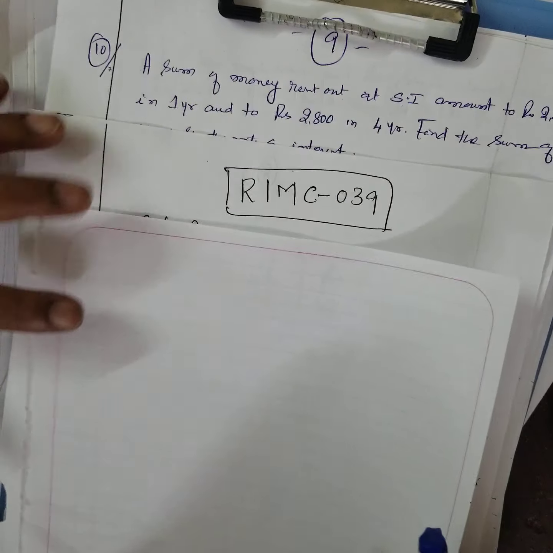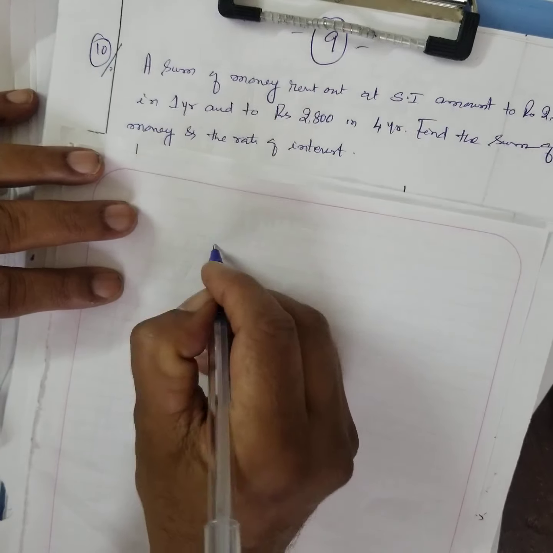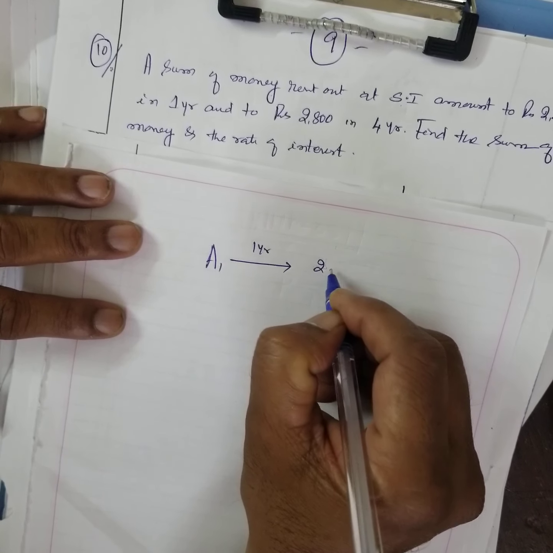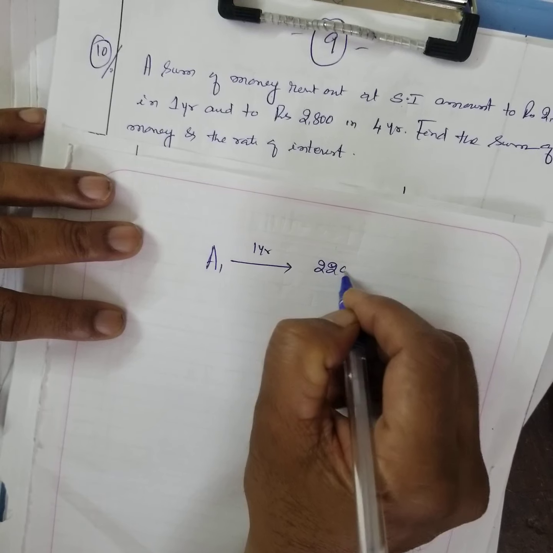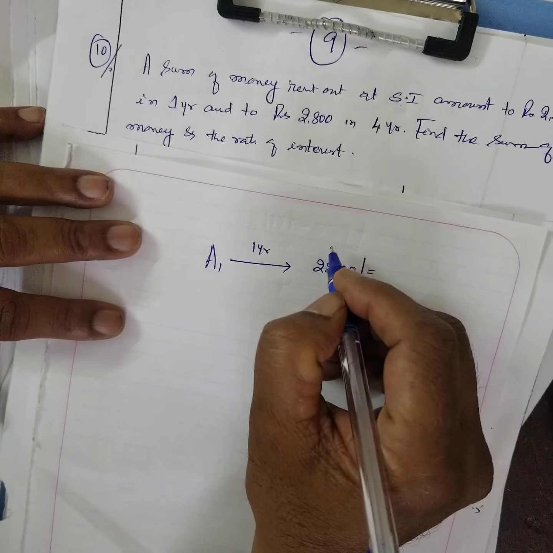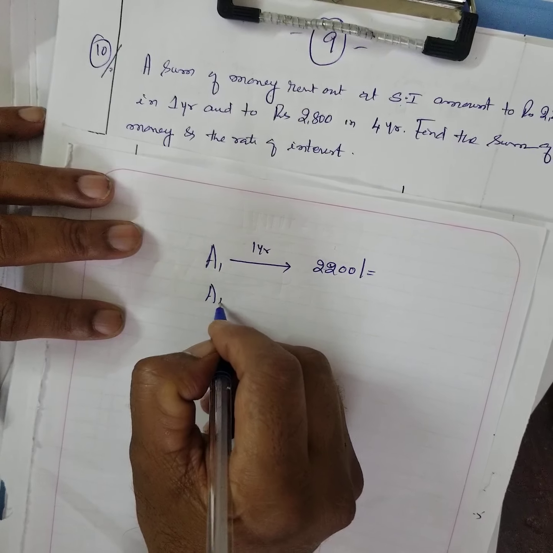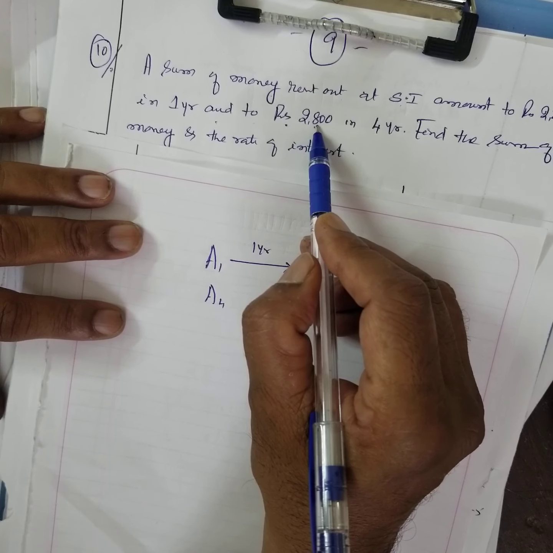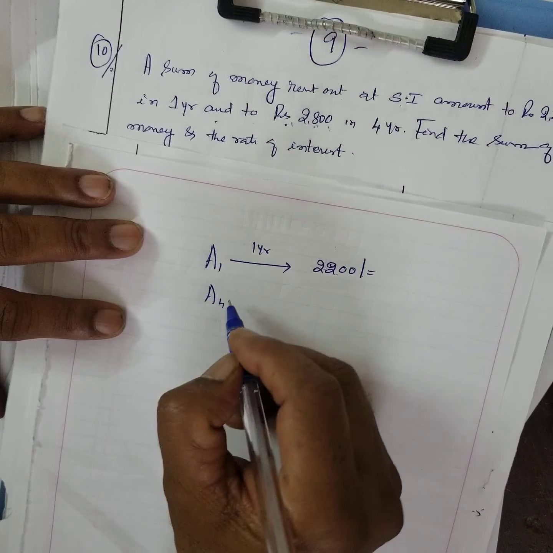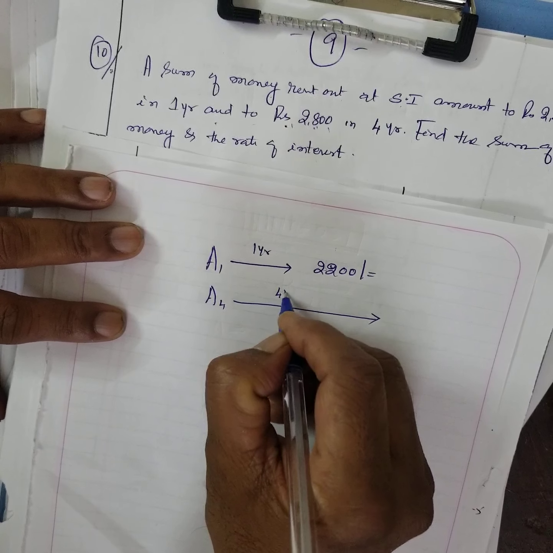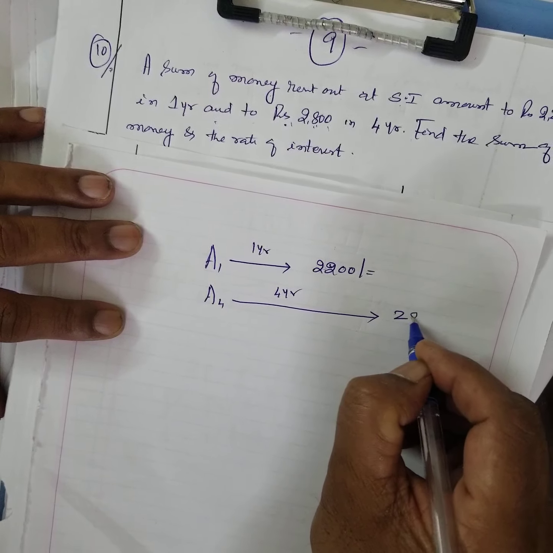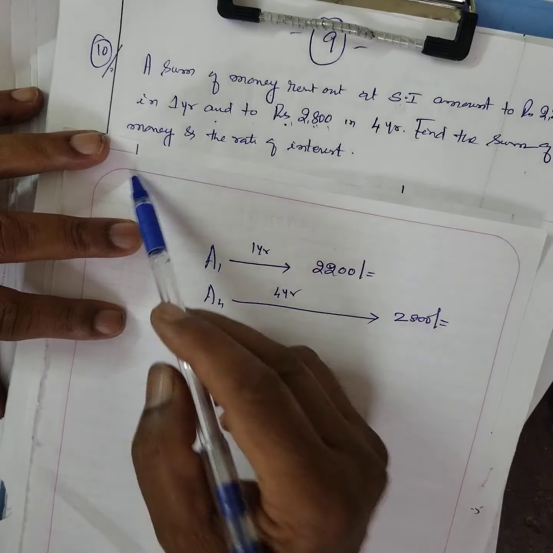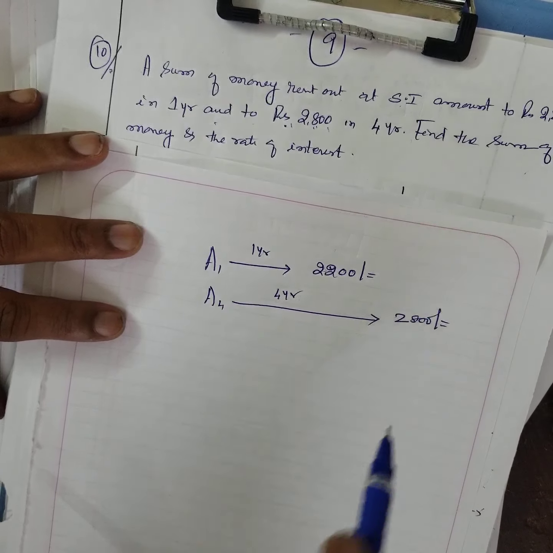That means the amount for 1 year is 2,200. And it amounts to 2,800 in 4 years. That means for 4 years, 2,800. Find the sum of money and the rate of interest.